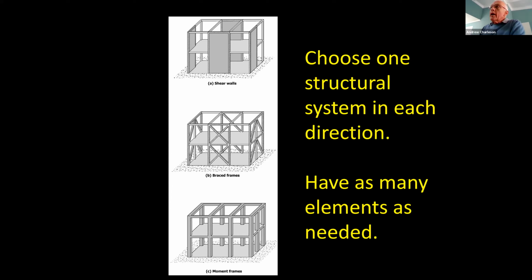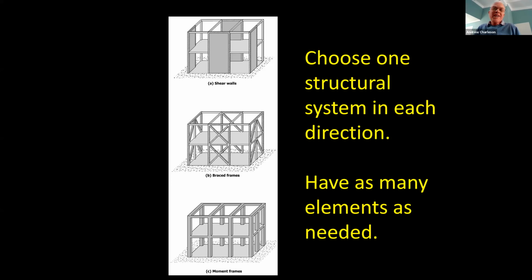And so in your building, you must choose one of these systems in each direction. For example, in one direction, you could have shear walls resisting earthquake forces. In the other direction, you could also have shear walls, or you could have braced frames, or you could have moment frames.